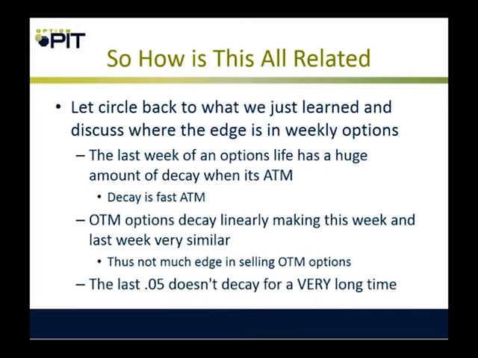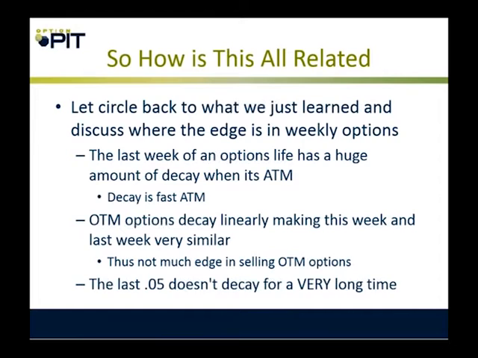Let's circle back to where there's edge in weekly options. The last week of an option's life has a huge amount of decay when it's at the money. Decay is fast at the money. For out of the money options the decay is linear, making this week very similar to last week.